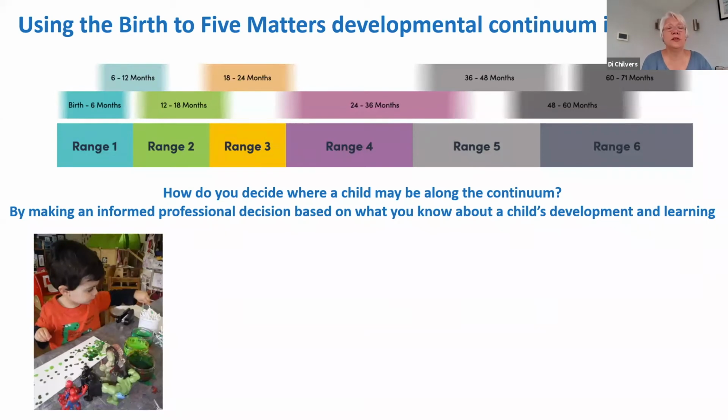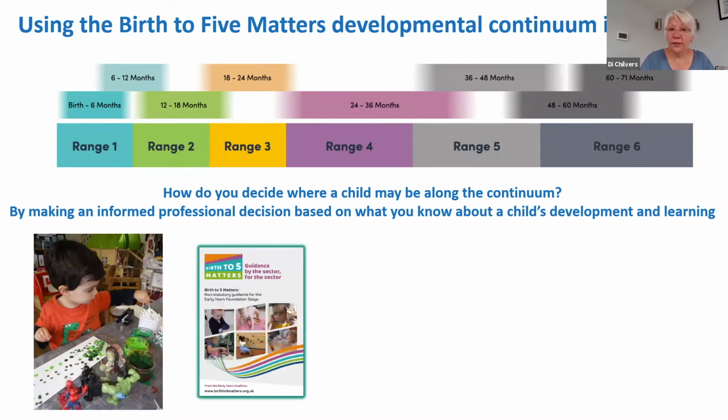We look at our formative assessment and so on. And we can look in Birth to 5 Matters. We can look at those tables at the end where the ranges are in each of the areas of learning. And we can just cross-check and think, oh yes, that's where I thought he was. Yes, that's right. I think he's now in range 4. And then you make a decision after that.